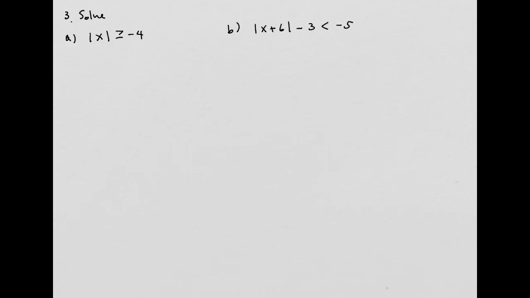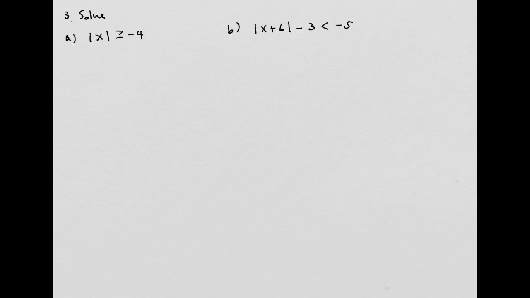Example 3. We're still solving, and I want to show you two special types of inequality answers. So if we're looking at the first one, it's absolute value of x greater than or equal to negative 4. In this one, you realize that you have a negative number with the absolute value. Whenever you see only a negative by itself, you have to be careful because sometimes you don't really need to do much work.